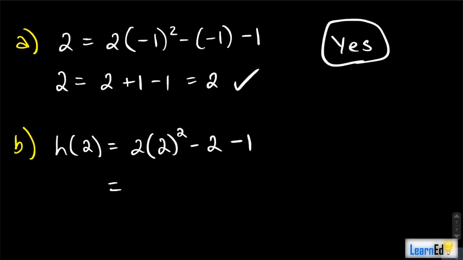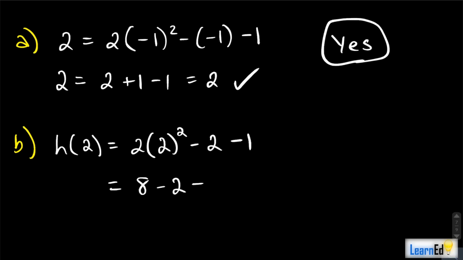So this is essentially 2 cubed, which is 8. Then we have a minus 2 minus 1, so we have that h of 2 equals 5. All right, so we just plugged in a 2 for x. That's what this h of 2 is telling us.